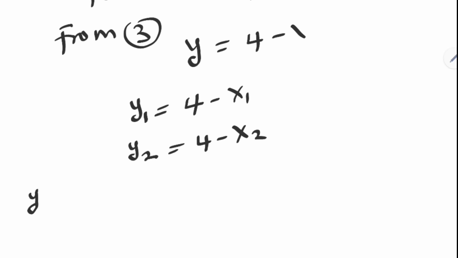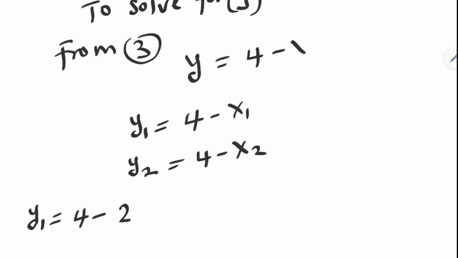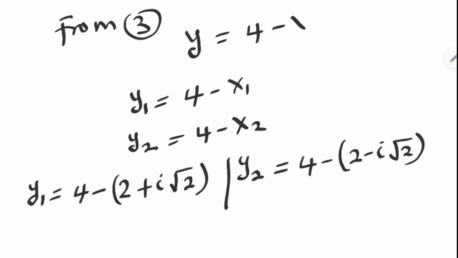Now, y1 is equal to 4 minus x1, which is 2 plus i root 2. Then y2 is equal to 4 minus x2, which is 2 minus i root 2.